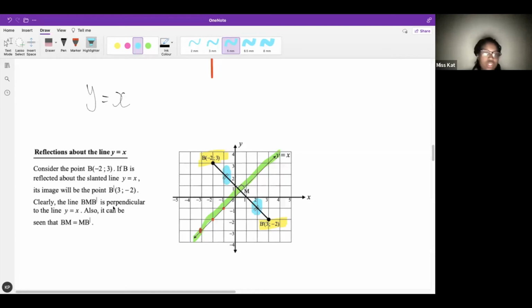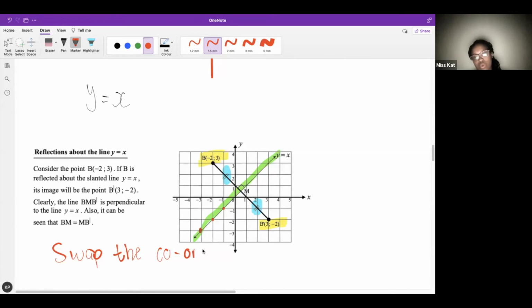Now, what do you notice about the points? Let's talk about B and B prime. We swap the coordinates. That's literally what we're going to do with reflecting on y equals x. You swap the coordinates. So for this one, the rule is swap the coordinates.